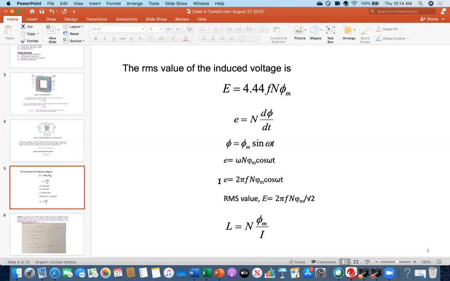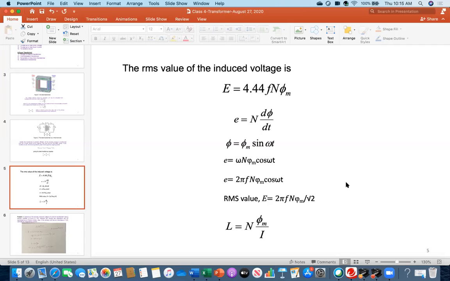But small e is the instantaneous value, the instantaneous induced voltage. What is the RMS value of that? When I am using the RMS value, I use the capital E. And this means this magnitude over root 2. I am dividing by root 2. So you remember the single phase AC circuit?